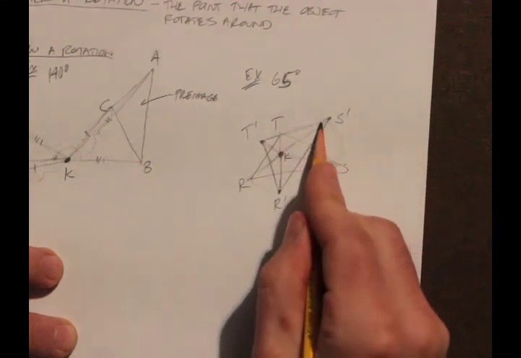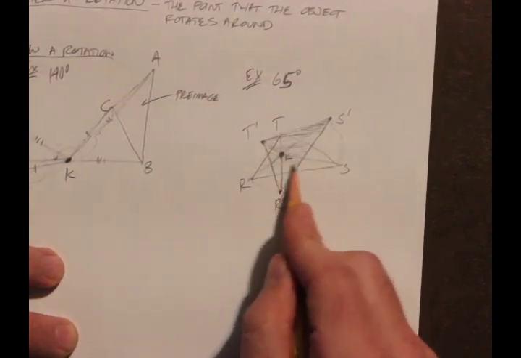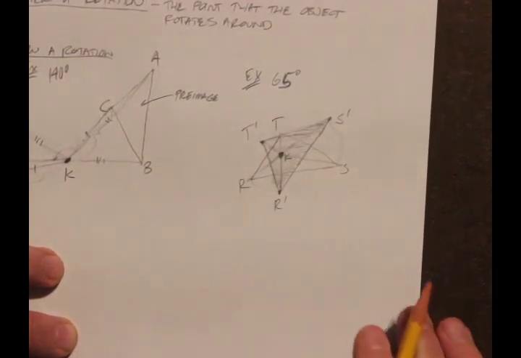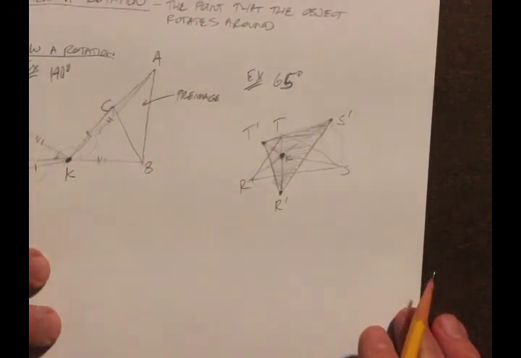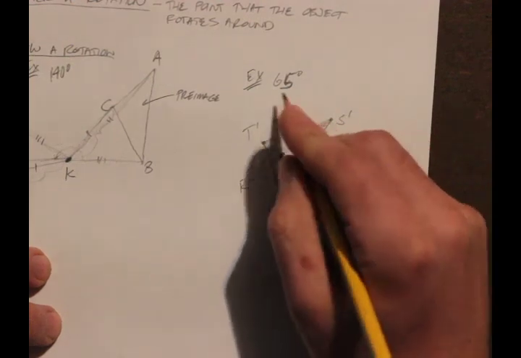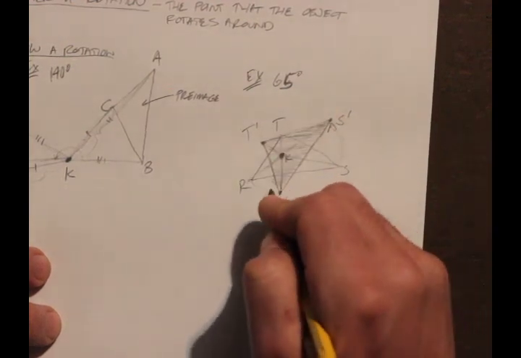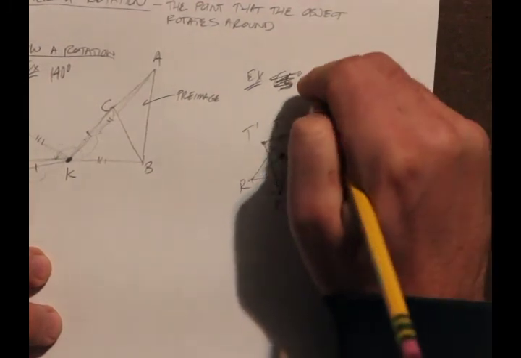And I've rotated this. And I wouldn't say this is 65 degrees. This is more like 40 degrees or something. But the idea is that we've rotated it around this center here. So I'm going to scratch this off. I'm going to say we did 40 degrees.